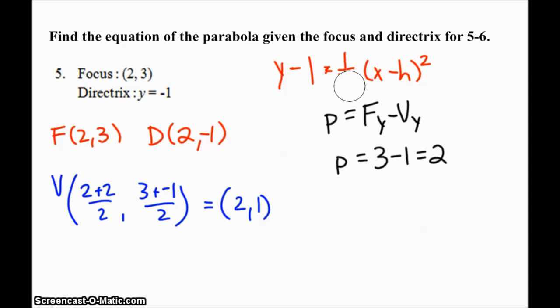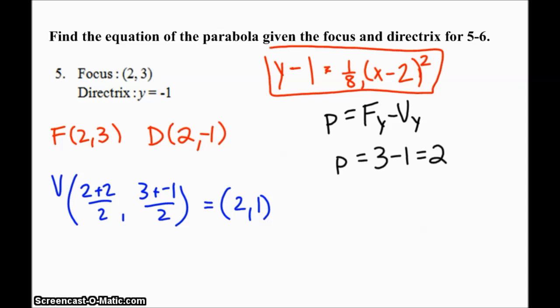Instead of P, so 4 times P, I have a 2. And the H becomes a -2. So we can simplify this further by making this 1 over 8, because 4 times 2 is 8. So this right here would be your formula.